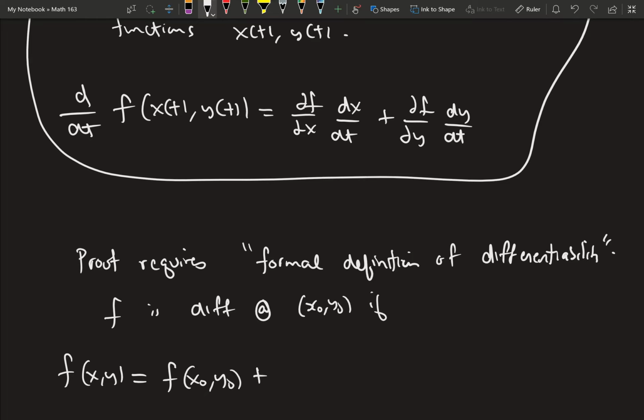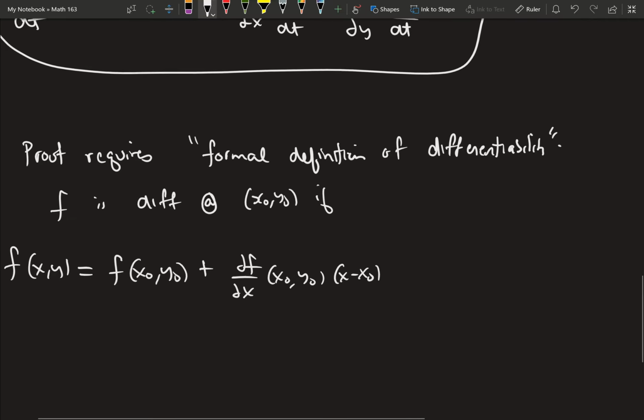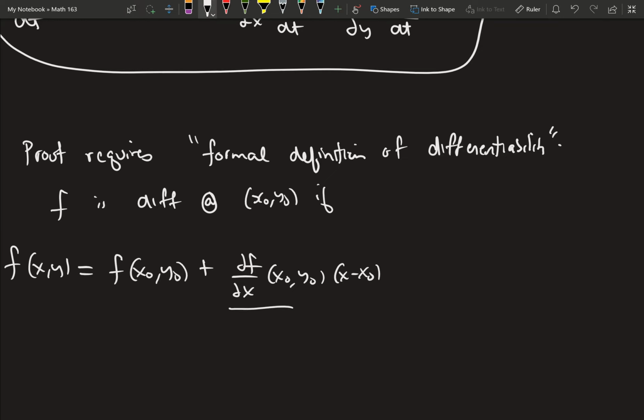as the linear approximation, which we saw in the last video. And of course, for that, the requirement is implicit that the partial derivatives exist. But actually, just the partial derivatives existing, unfortunately, is not enough to imply total differentiability, which is a subtle point. We won't get into that.